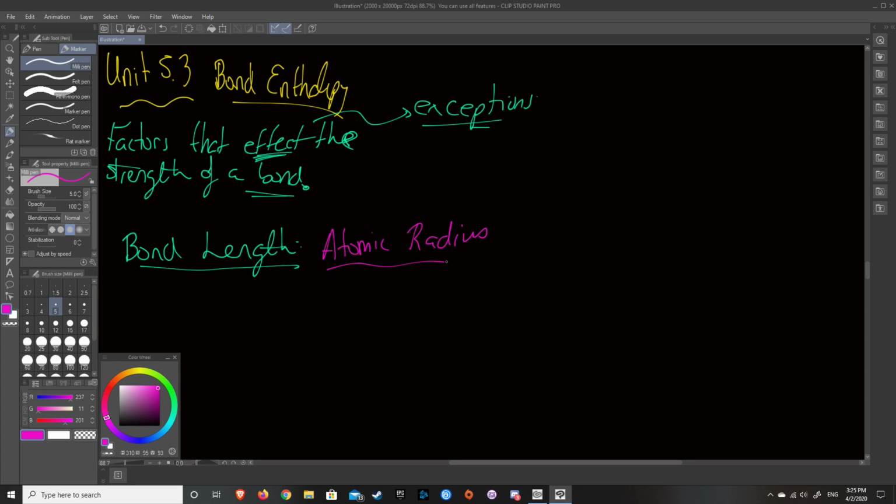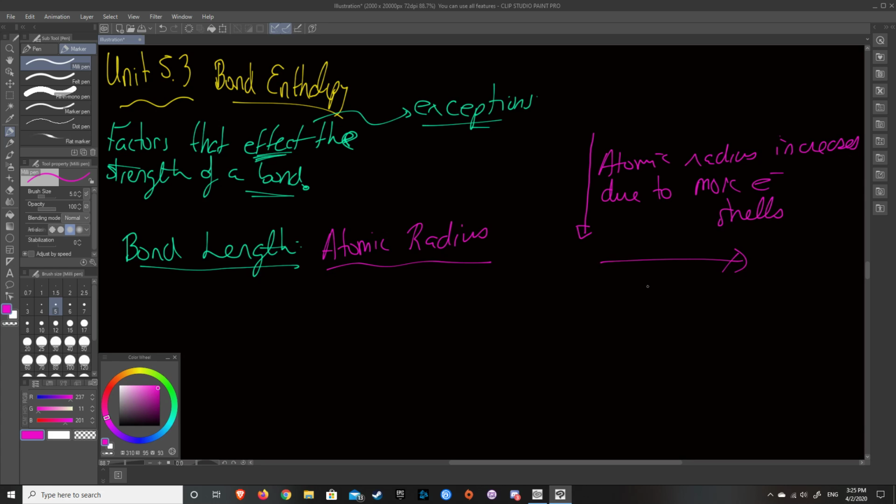Remember, as we go down the periodic table, the atomic radius increases due to more electron shells. It decreases as we move to the right, because the nuclear charge in the center gets bigger and pulls the electrons in tighter and tighter.